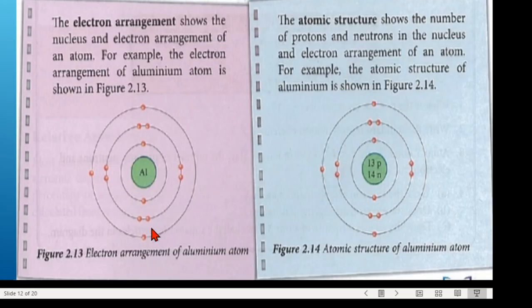Example, figure 2.13, electron arrangement of aluminium atom. Figure 2.14, this one is the atomic structure of aluminium atom. Okay. The electron arrangement shows the nucleus and electron arrangement of an atom. For example, the electron arrangement of aluminium atom is shown below.